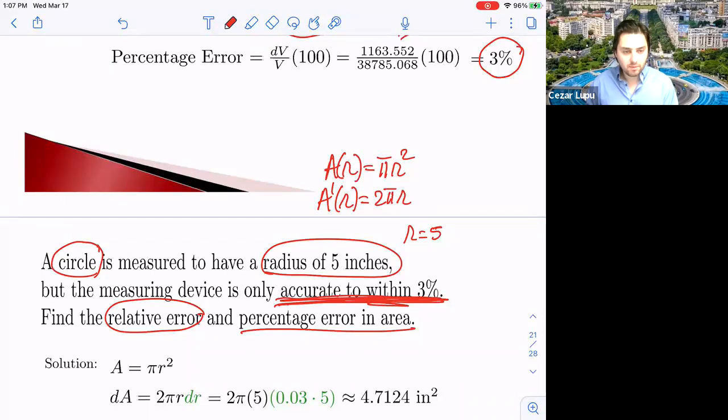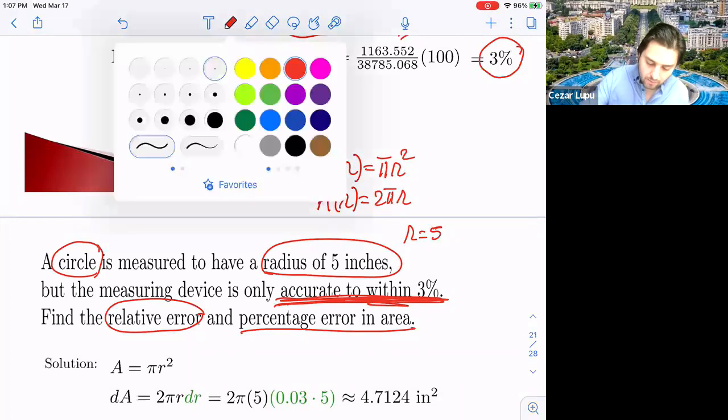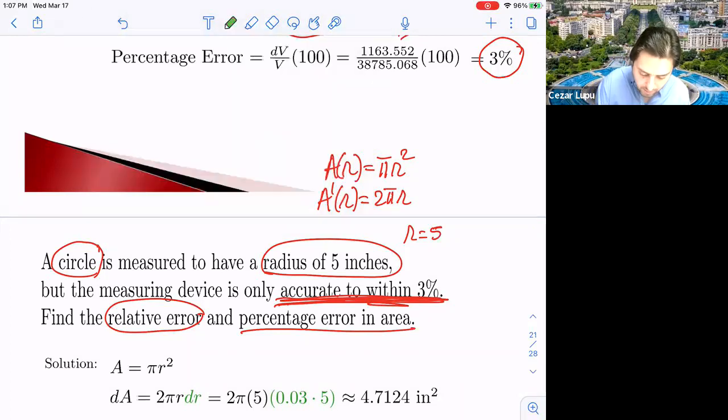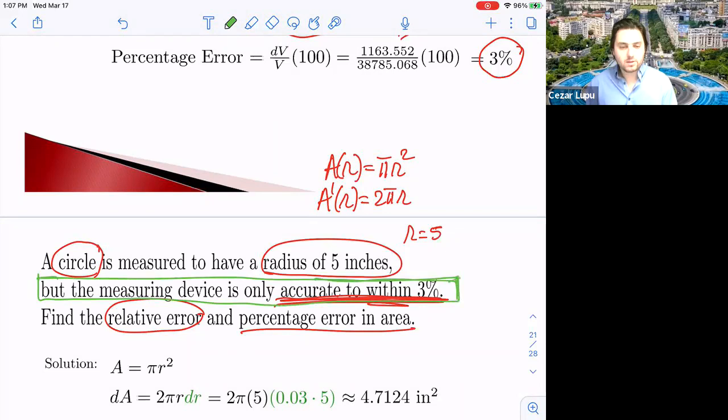And now let's identify dr. We know that the measuring is only accurate within 3%. So basically, since it's accurate only within 3%, this means that dr is 0.03 times 5, the radius.